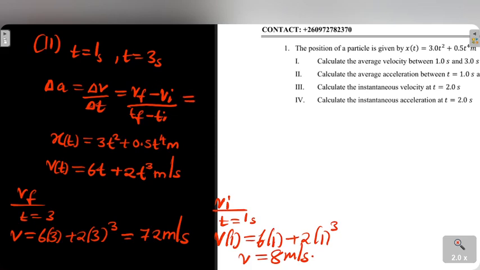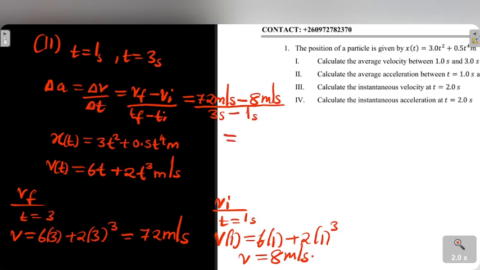So now the change in velocity over time, the acceleration, is equal to the final velocity, 72 meters per second, minus the initial velocity, 8 meters per second. Then we divide this by the final time, which is 3 seconds, minus the initial time, which is 1 second.